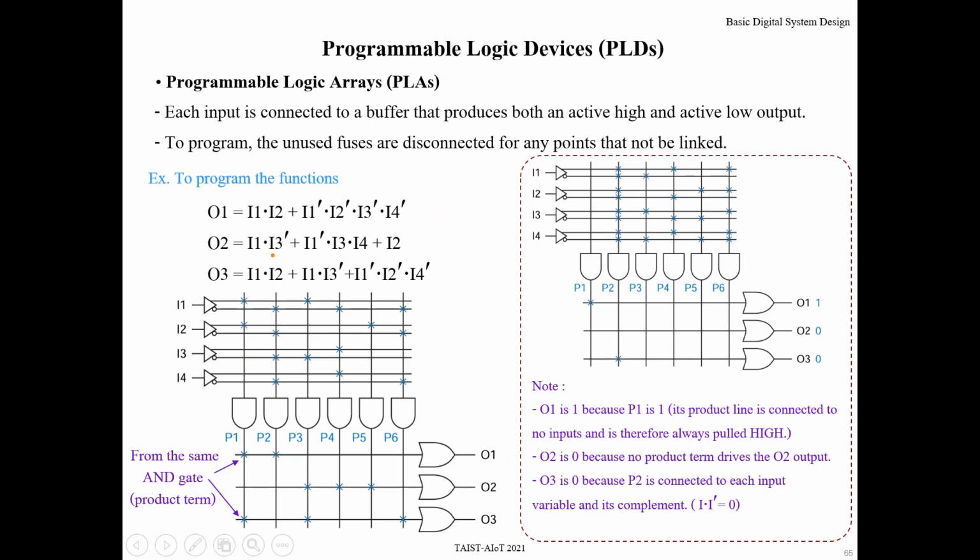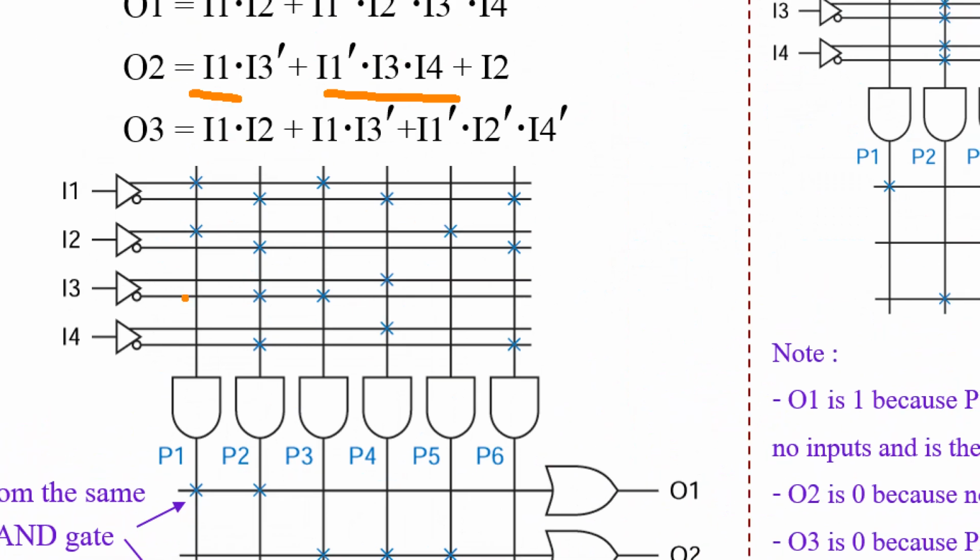Similarly for O2, O2 is I1, I3 prime, plus I1 prime, I3, I4, plus I2.